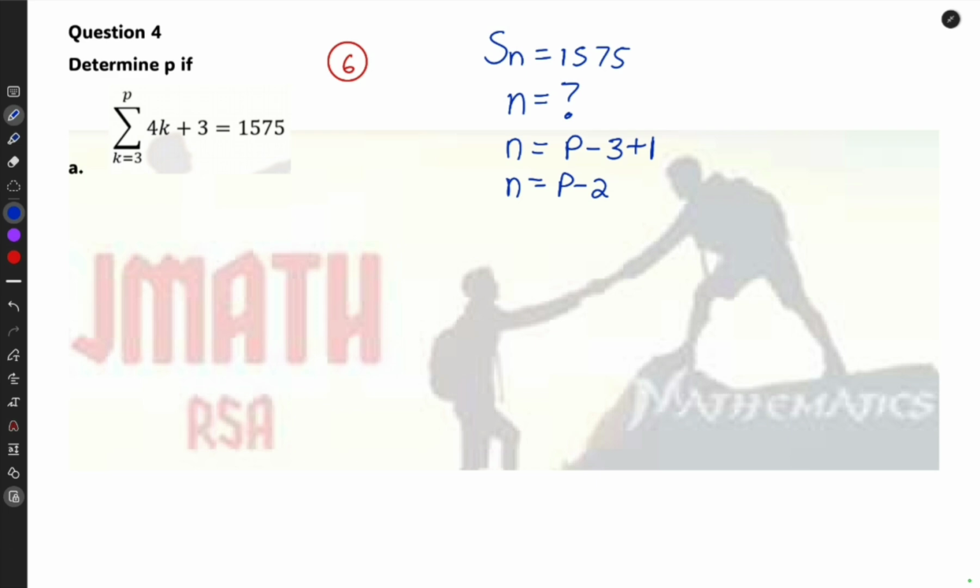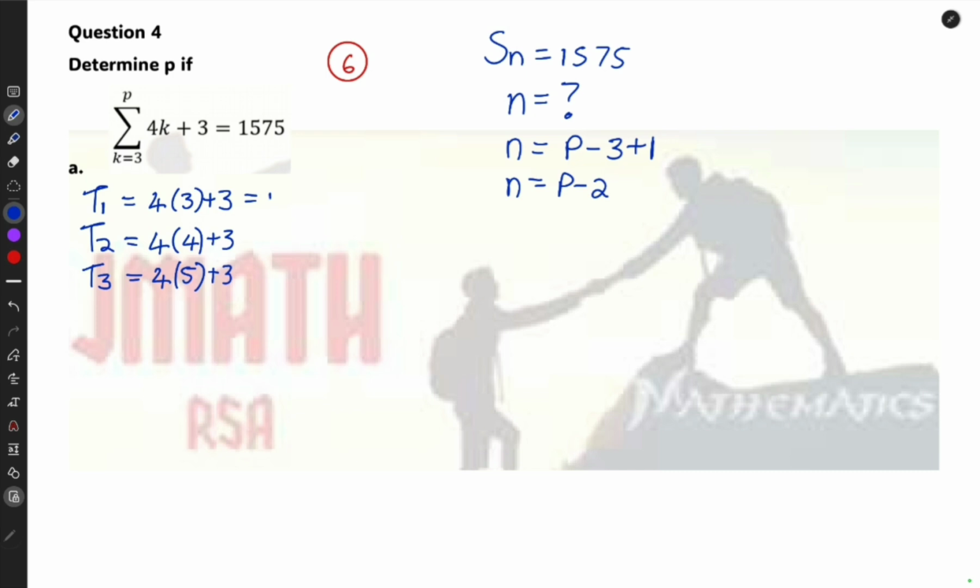Okay, so I need to figure out what a and d are. I do that by getting term 1, term 2, term 3. Term 1 is 4 times 3 plus 3. I'm not subbing in a 1 because my sigma did not start at 1. Please don't let them catch you out with that one. Term 2 I would get when I do that sum, and term 3 when I do that calculation.